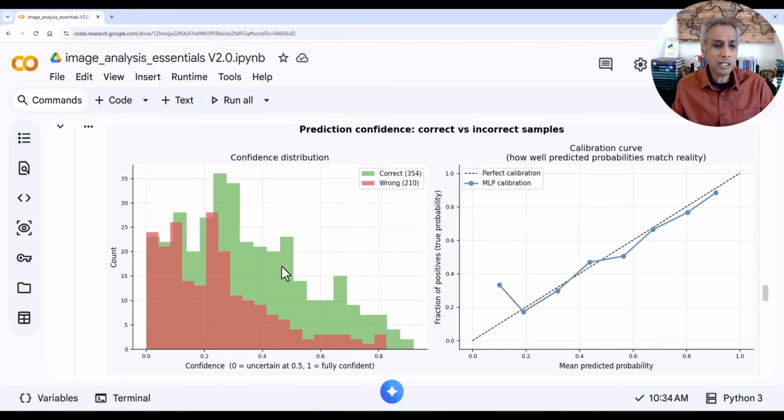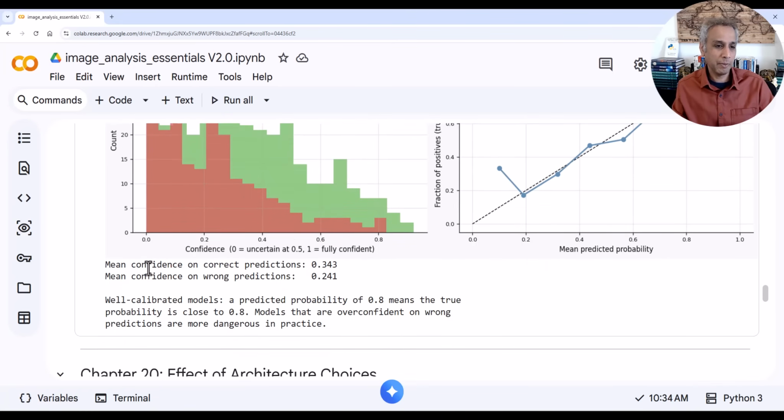Now, this is something that's useful on the left-hand side, right? The confidence of correct versus incorrect samples. On average, for the correct samples, you have the distribution to the right. For incorrect, you have the distribution probably slightly to the left, but not enough. One thing to confirm here is that the mean confidence of correct predictions is 0.343, and of the wrong predictions is 0.241.